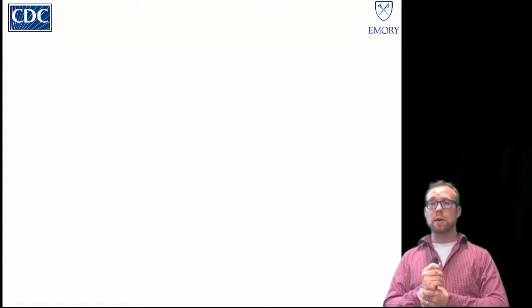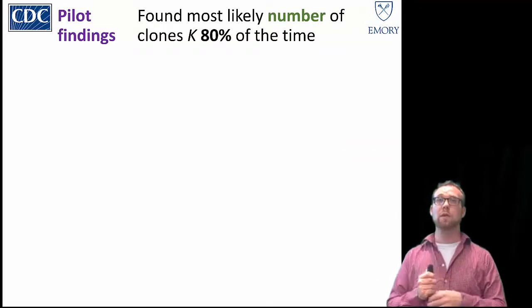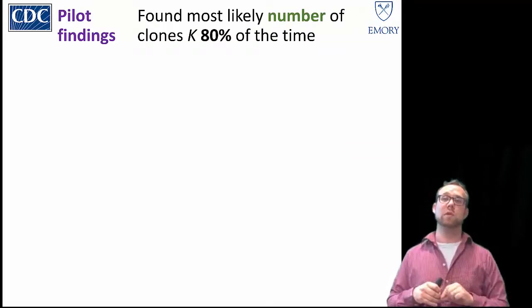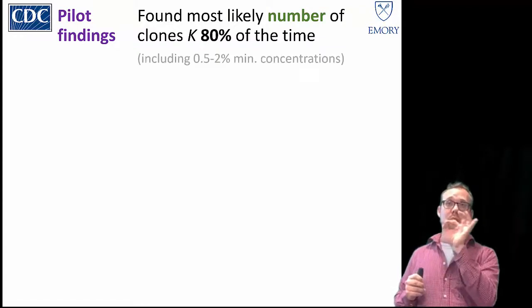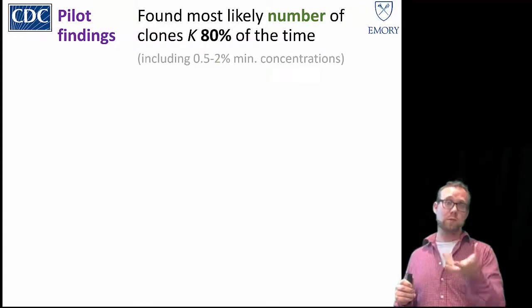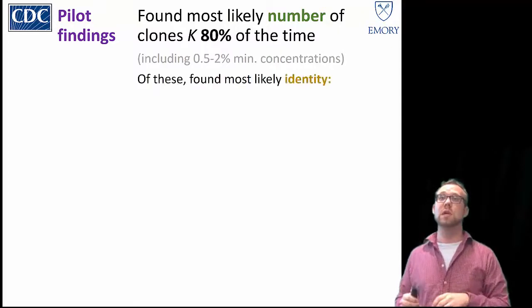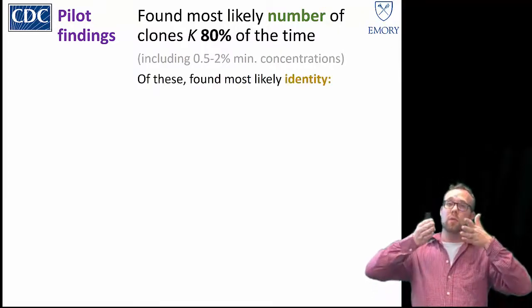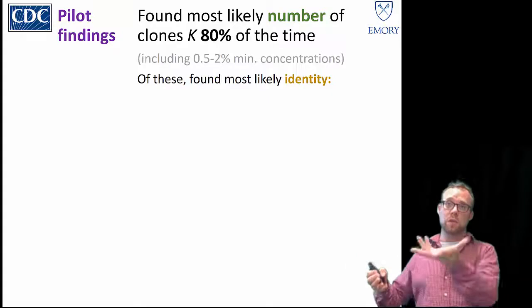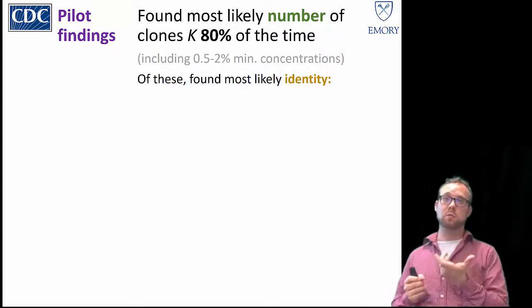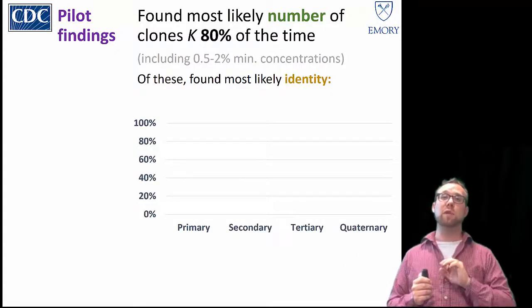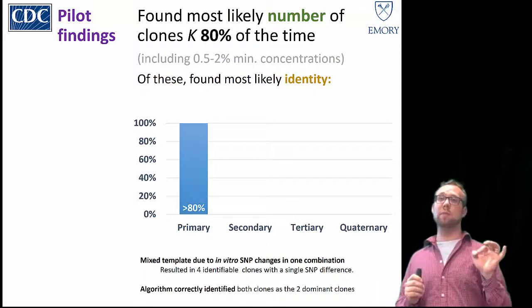Now, based on this, we ran a pilot, and in our pilot, we found the most likely number of clones 80% of the time. And this includes really low concentrations of clones, like 0.5 to 2% concentrations. We went further and tried to find the identity within those examples where we found the right number of clones, and we were able to find the primary one almost 100% of the time.